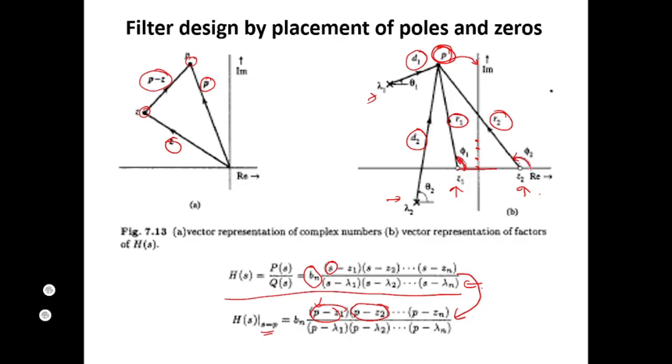That angle is regarded as phi 1 in the case of zeros and theta in the case of poles. So theta 1, theta 2, like that we'll be having for the poles. For the zeros, we'll be having phi 1, phi 2 and so on. And the distance is regarded as R1, R2 for the zeros and D1, D2 for the poles.